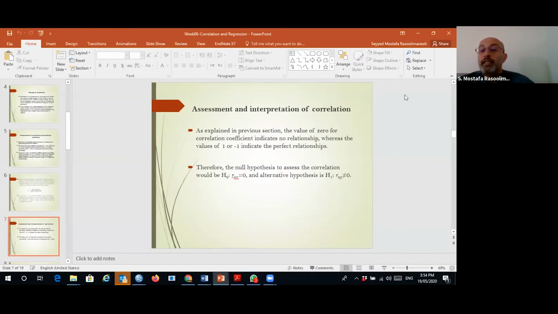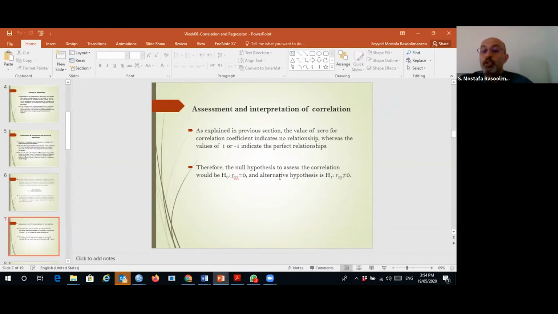In the last one, we hypothesize a two-tail hypothesis. In the former, we hypothesize one tail when we say positive or negative, right?